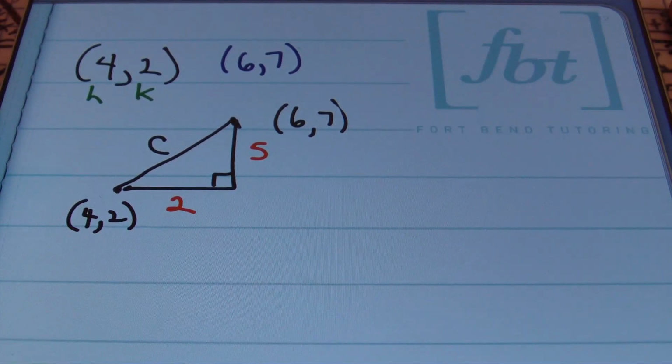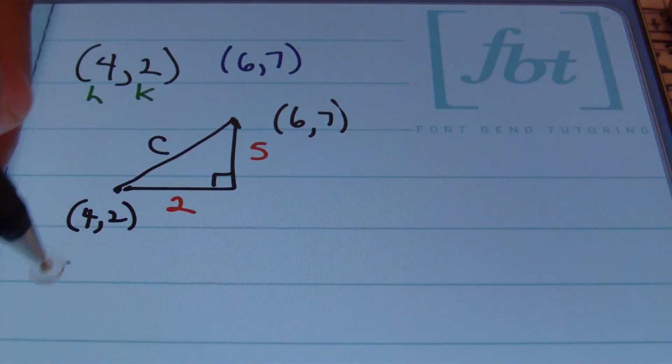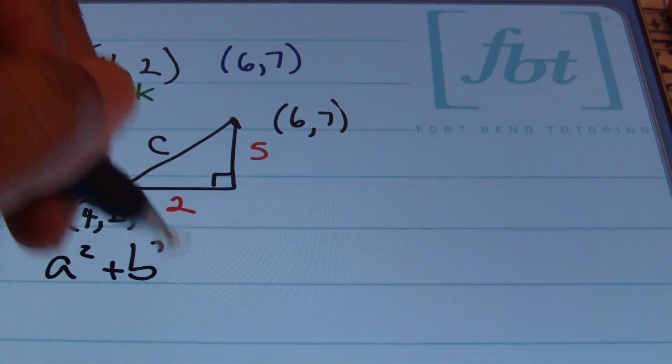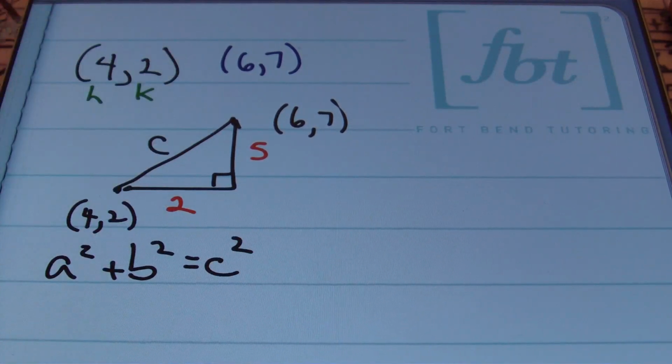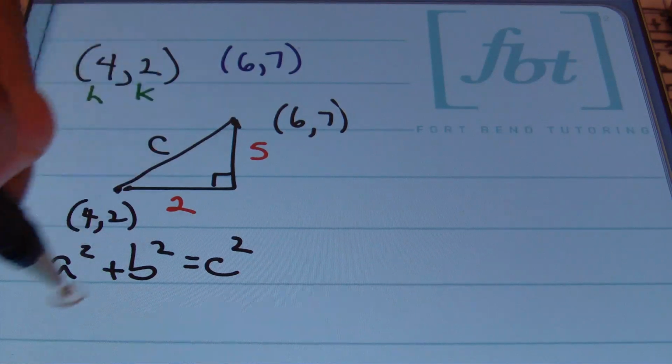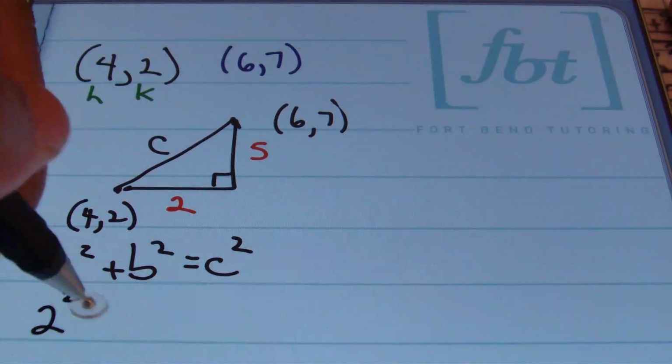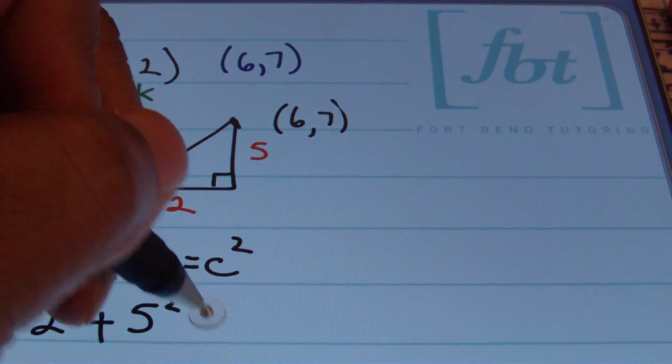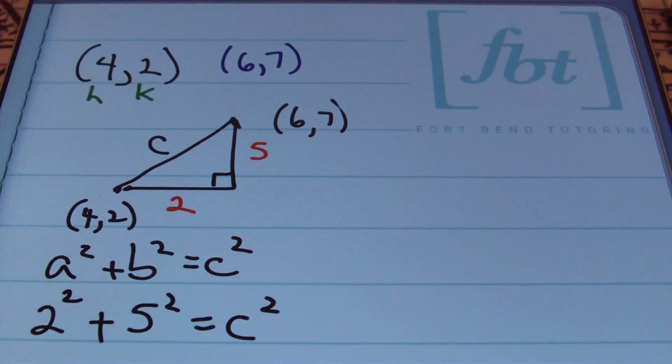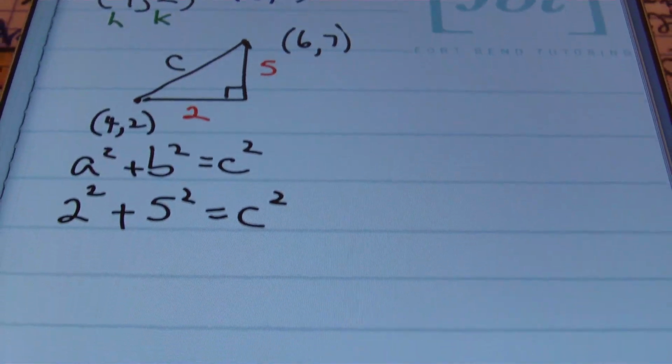The next thing you'll want to do is find out what your hypotenuse is using the Pythagorean theorem. So your Pythagorean theorem is a squared plus b squared equals c squared. Go ahead and plug in your leg lengths, so that'll give you 2 squared plus 5 squared, which equals c squared. From here, we'll go ahead and simplify.